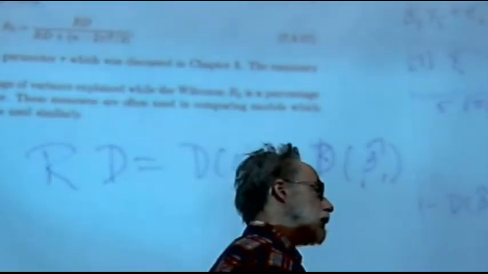RD is robust. The denominator is not robust. But you can patch it up. And I don't know if you know anything about R squared. Some of you might. With R squared in a simple regression problem, you can manipulate R squared till you come out with the F statistic. And that's how I came up with this formula years ago. I did the same manipulation and it worked. So that comes out of our fit.